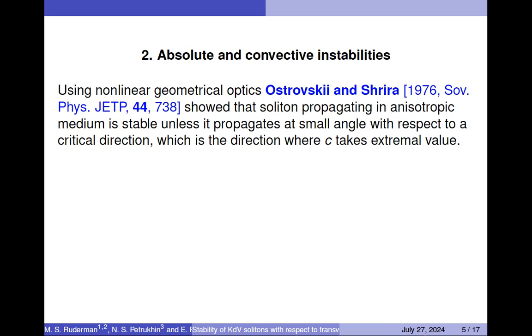This is the direction where the phase velocity takes an extremal value, or, in another definition, where the phase and group velocities are parallel. This result contradicts the previous result that stability is the same as in isotropic medium.